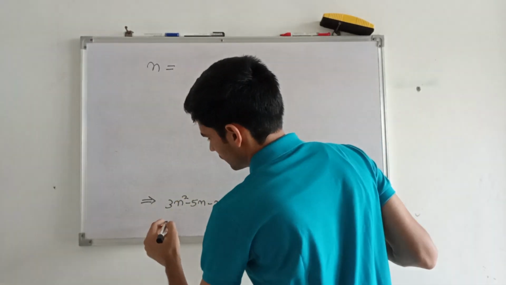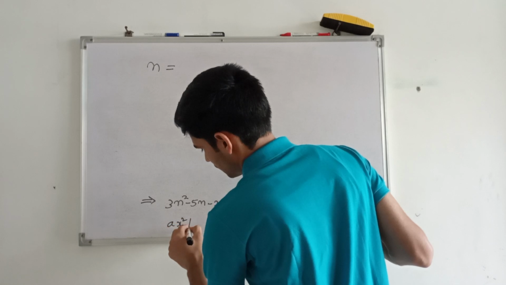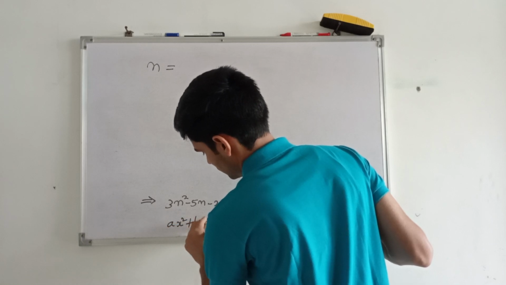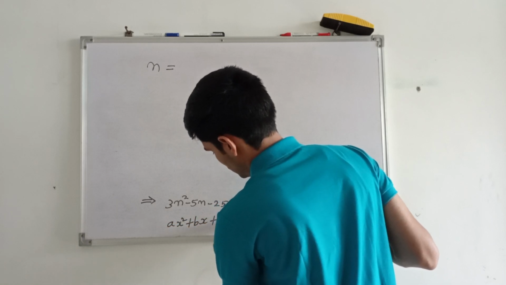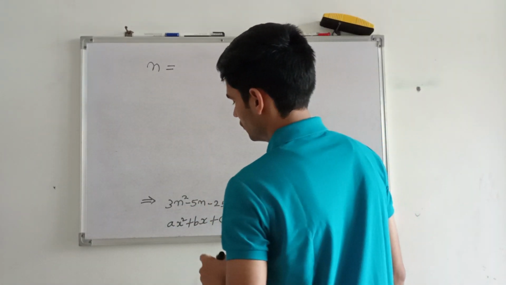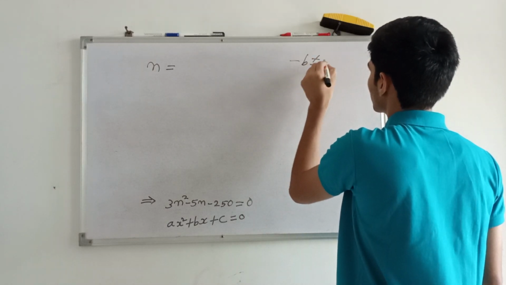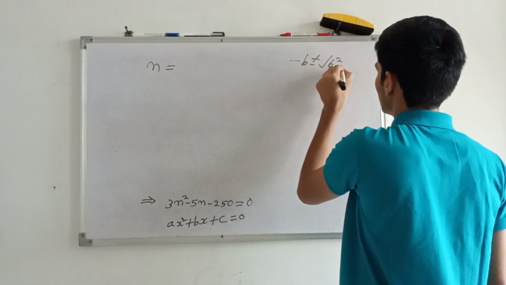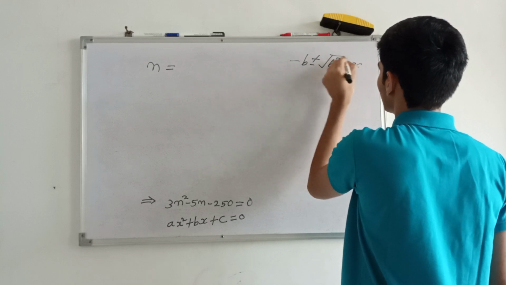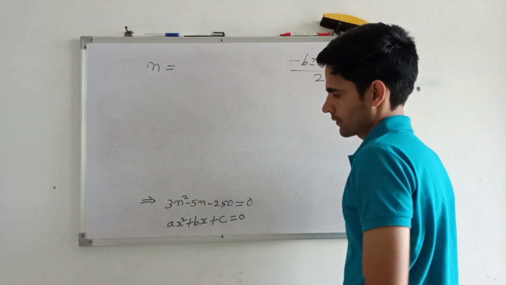You can compare it with ax square plus bx plus c is equal to 0. So how do we find the roots of a quadratic equation? Minus b plus minus square root of b square minus 4ac, upon 2a.